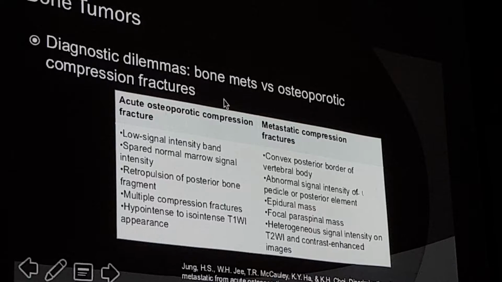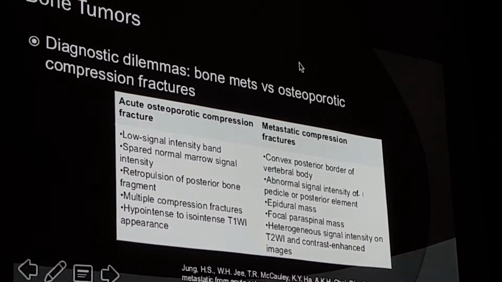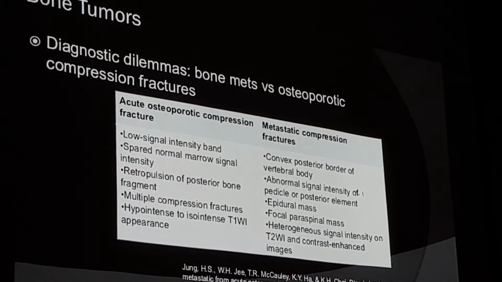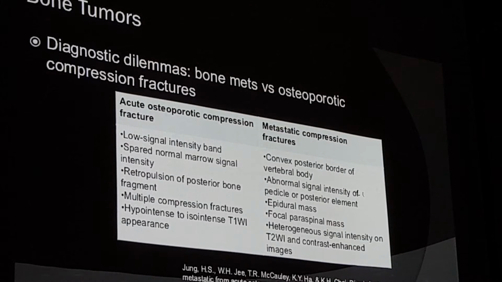My take-home message for this is sometimes it's difficult to differentiate compression, especially in older women with osteoporosis. It's difficult to differentiate whether your compression fracture is due to osteoporosis or whether it's due to bone metastasis.